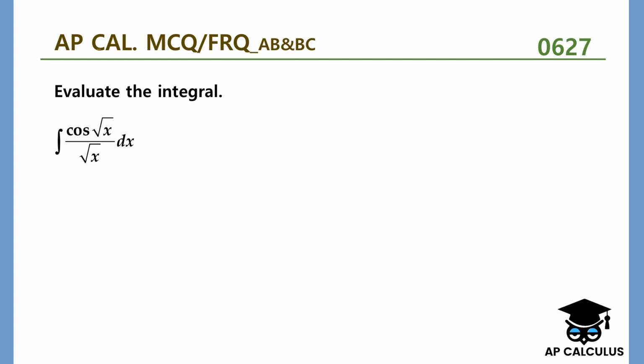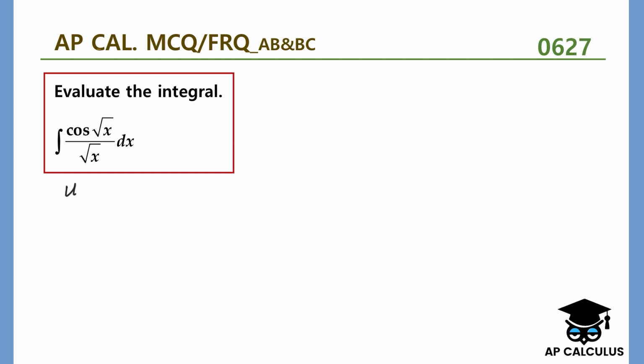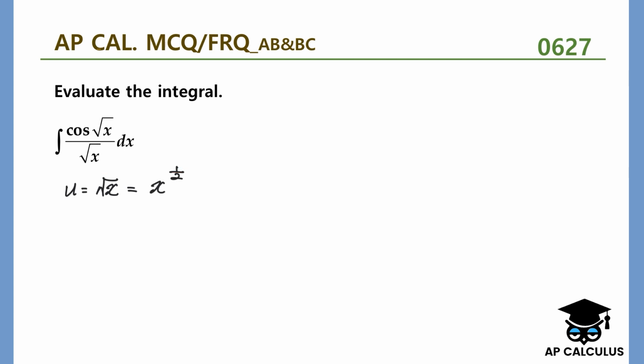Question 627. For this indefinite integral, we're going to let u is equal to square root of x, which is equal to x to the power of 1/2. Then our derivative, du over dx, is equal to 1/2 x to the negative 1/2, right?